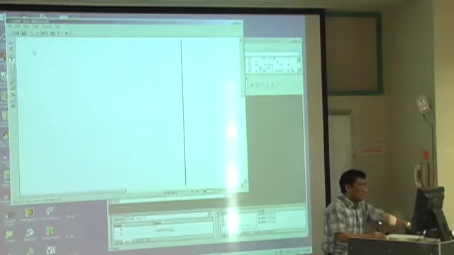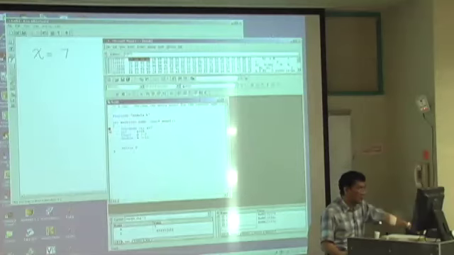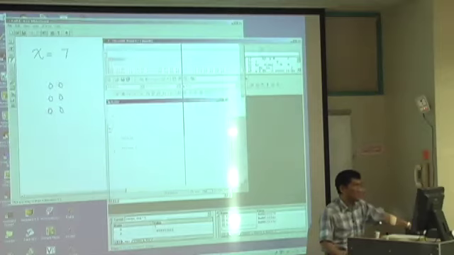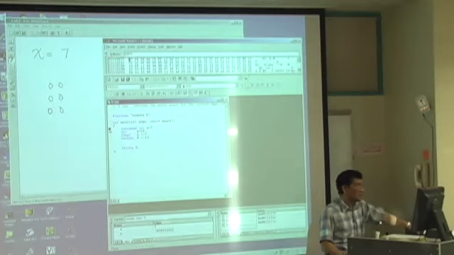I want to get x equal to 7, which was the one that I wrote, right? And the memory has this thing. So it is written in little endian, 0, 0, 0, 0, 0, 0, and then finally 0, 7. Little endian, right?